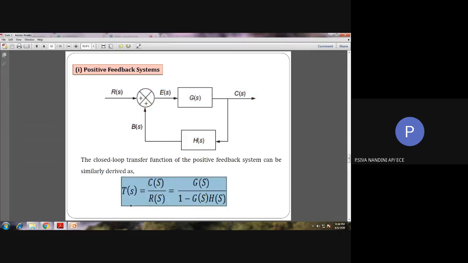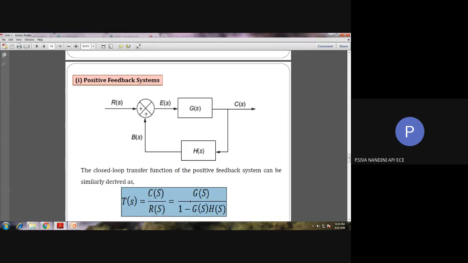This T of S is equal to C of S by R of S, which is G of S divided by 1 minus G of S H of S. In negative feedback system, the denominator we had was 1 plus G of S H of S. So the denominator is 1 plus or minus G of S H of S.